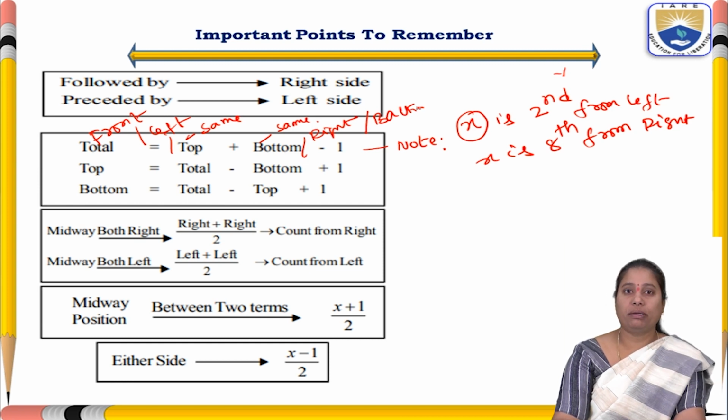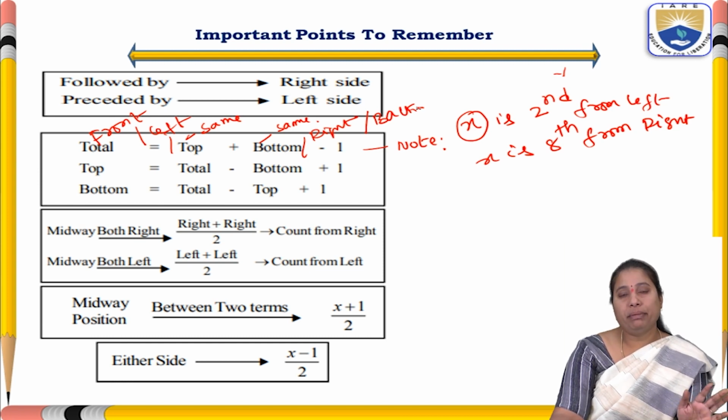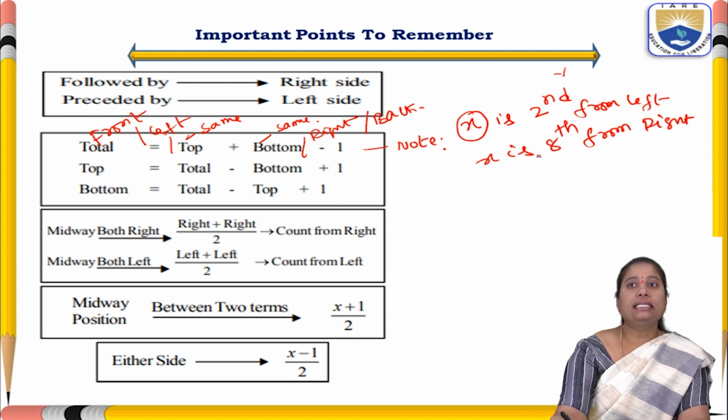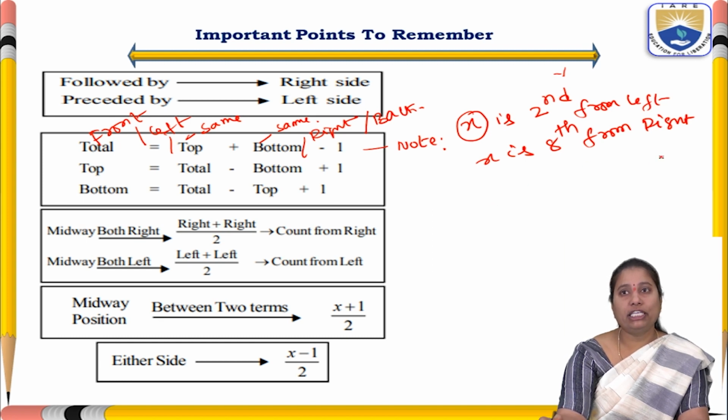That is top plus bottom minus 1. But the point to remember is that the top position, bottom position, right, left positions, front, back positions of that person should be for the same person. Which means X is the second from the left and the same X is the eighth from the right. So we are concentrating on one same person only.